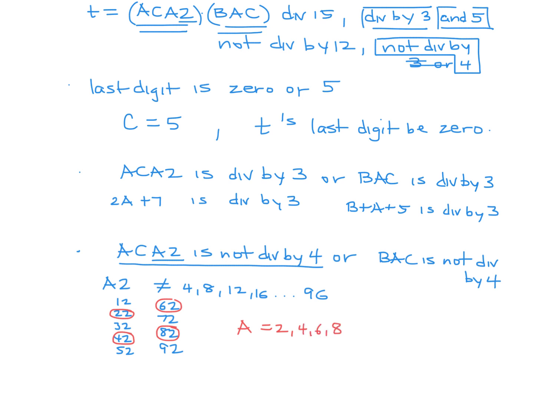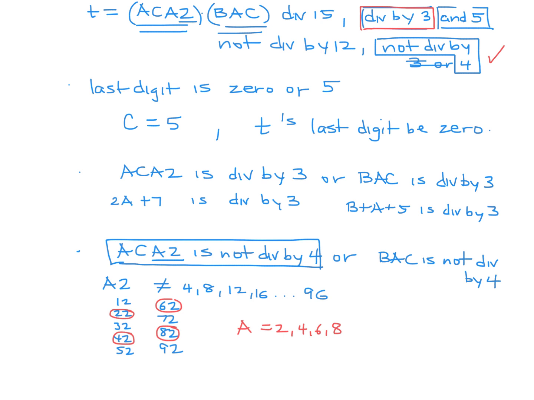Okay. So we got this. And if that part, ACA2, is not divisible by 4, we satisfied this criteria. But then we have to maintain this criteria here.